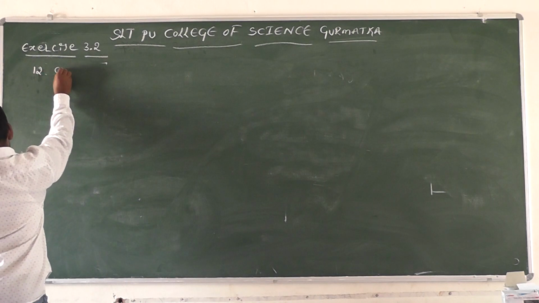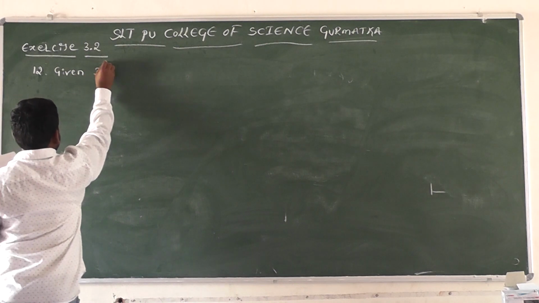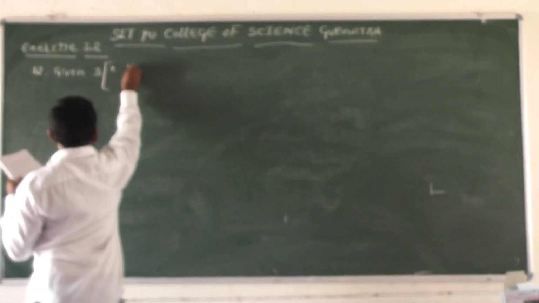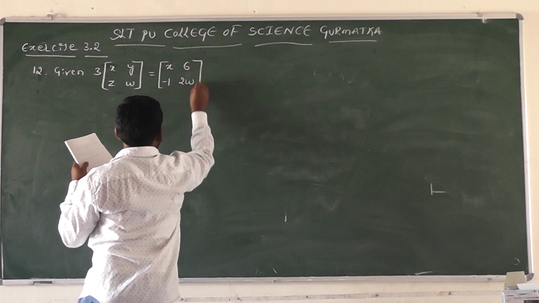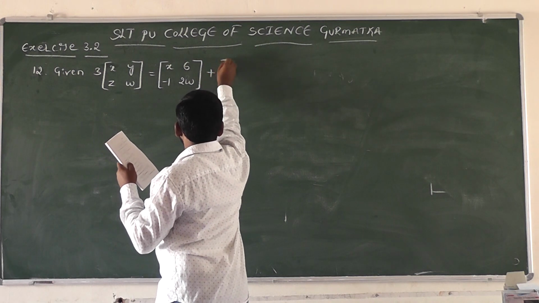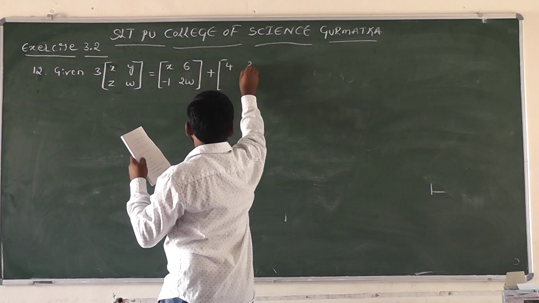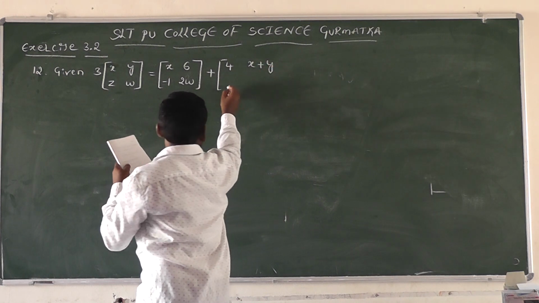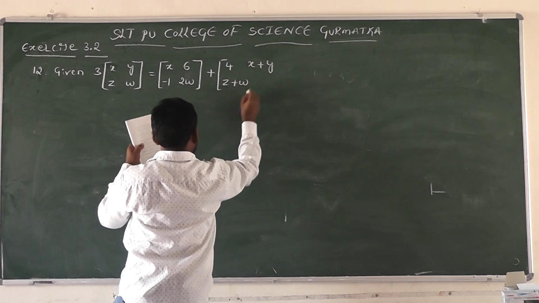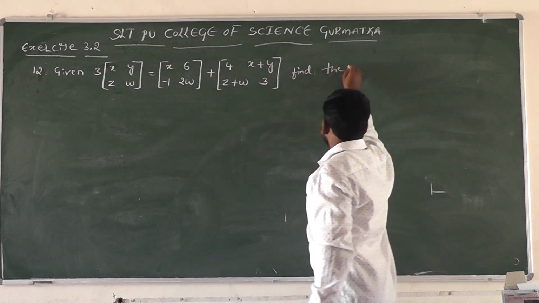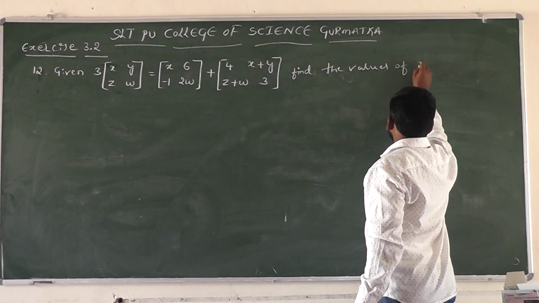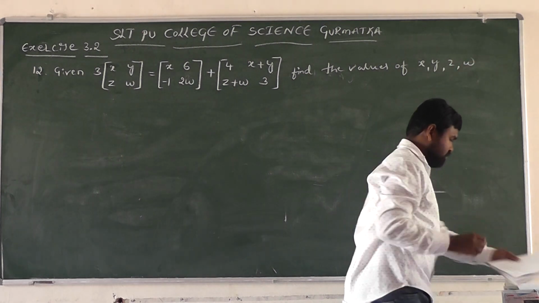Given 3 into the matrix [x, y; z, w] is equal to the matrix [x, 6; minus 1, 2w] plus the matrix [4, x plus y; z plus w, 3]. Find the values of x, y, z, w. Right?